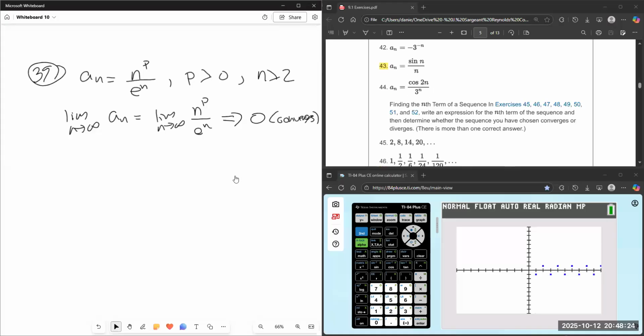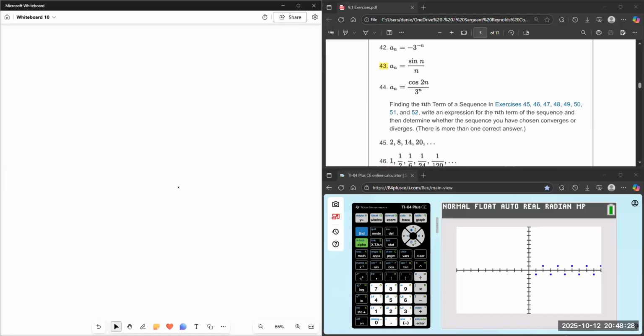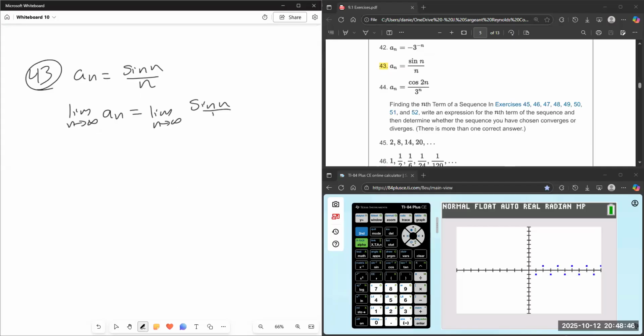So let's look at 43. 43 is kind of interesting because it requires the squeeze theorem. A n is equal to sine n over n. Limit as n goes to infinity of a n is equal to limit as n goes to infinity of sine n over n.